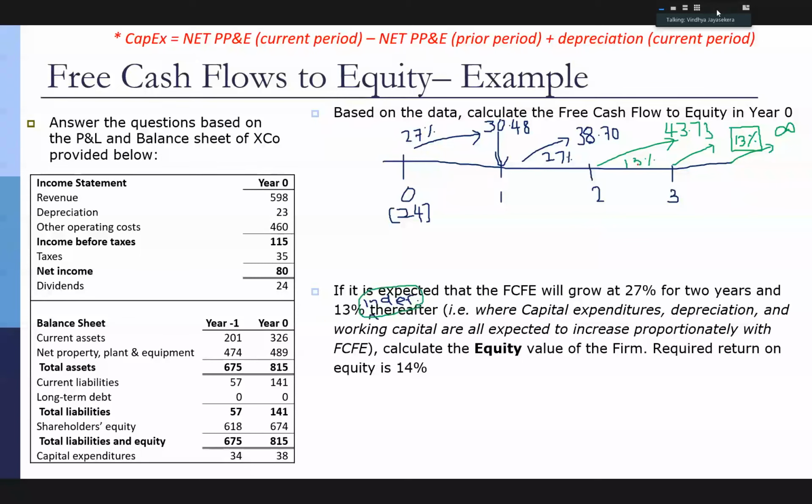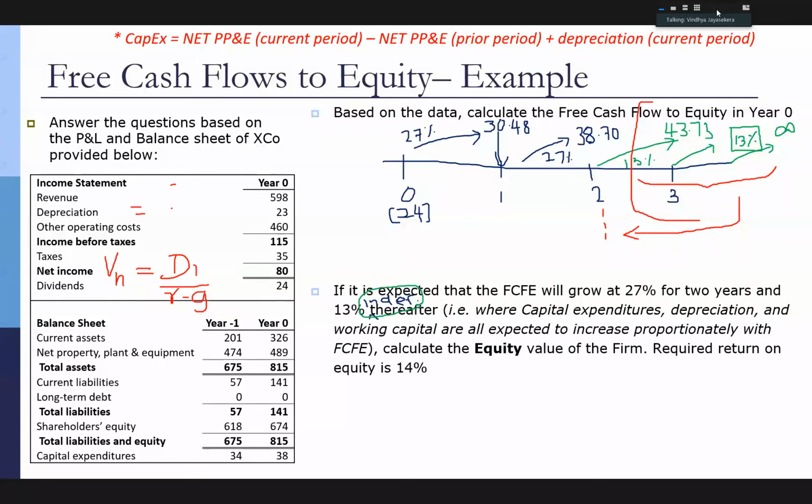So calculate the terminal value. All these future cash flows, we can say, belong to year 2, right? So what are these future cash flows? The dividend discount model says the value at any point of time is next year's dividends divided by R minus G. It's the same here, but instead of dividends, what do we use?